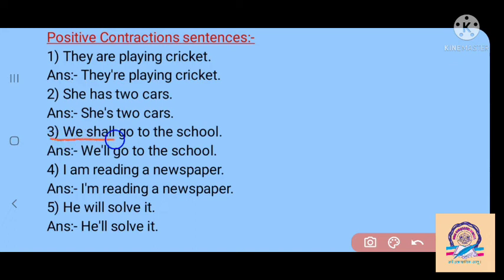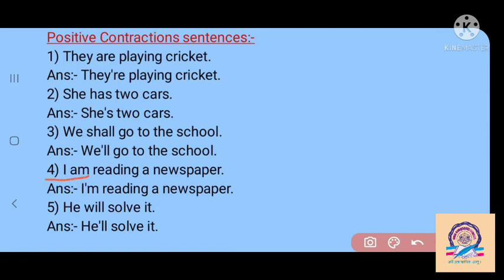Then 'We shall go to school.' Here we have to remove sha. After we we add apostrophe and double l, which is just the positive short form, the positive contraction. We'll go to school, the rest is the same.